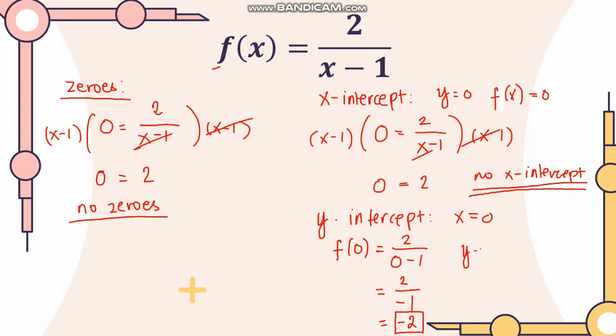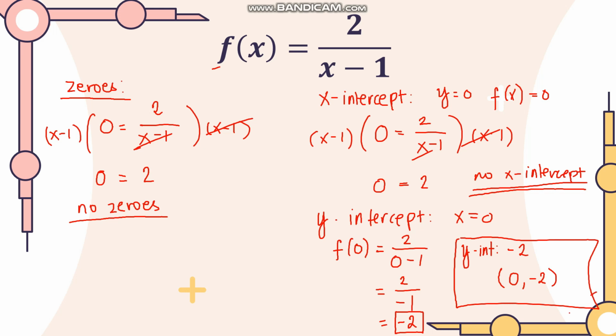So that means our y-intercept is negative 2. This is the y-coordinate of the point where the graph touches the y-axis. Or if you want the actual point itself, we have (0, negative 2). So if x is 0, then y is negative 2.